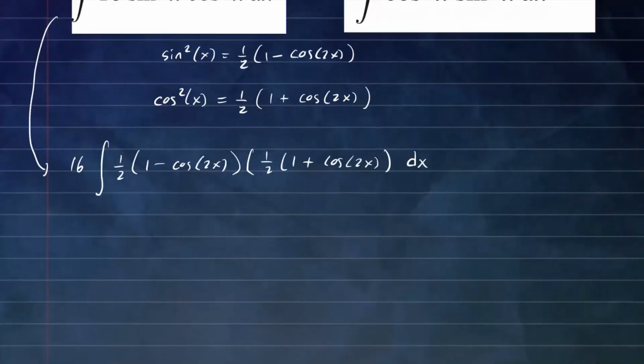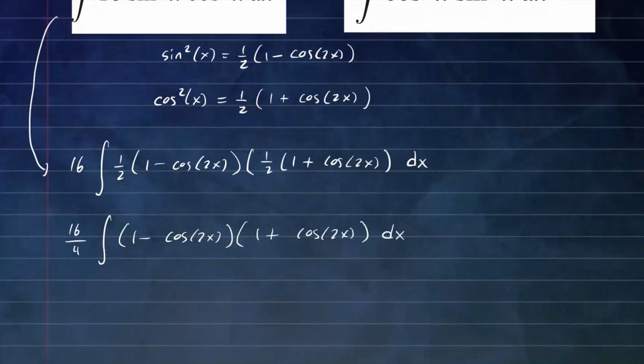Now these two factors, 1/2 and 1/2, I can push outside. So that's 1/4, and we have 16 over 4 times the integral of (1 minus cosine 2x) times (1 plus cosine 2x) dx.